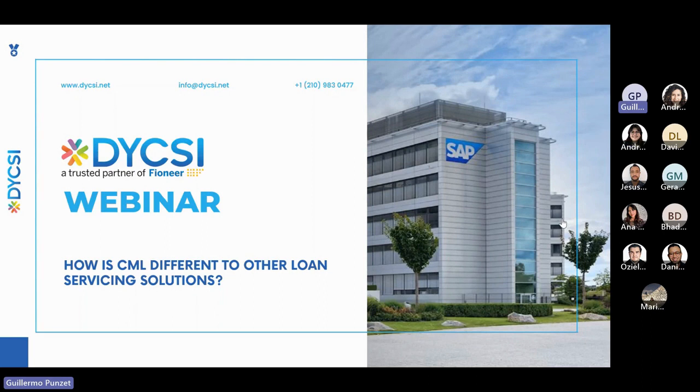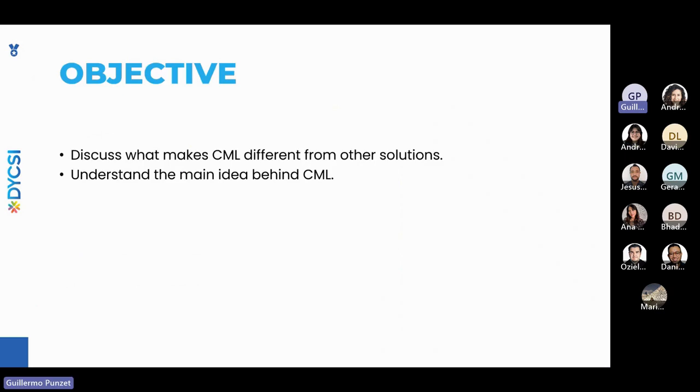So today we have a very interesting question. How is CML different to other loan servicing solutions? CML, of course, being the consumer and mortgage loans module, which is also known as loans management from the banking suite.